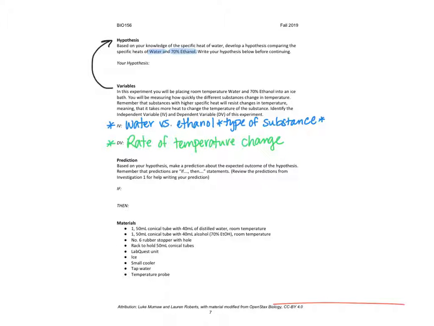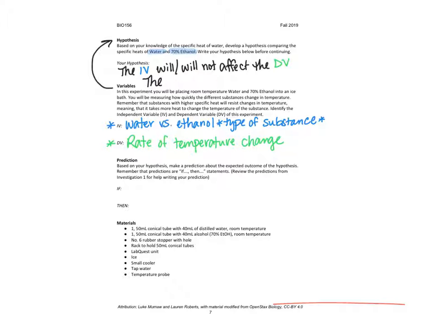And that formula is just to write that the independent variable either will or will not affect the dependent variable.